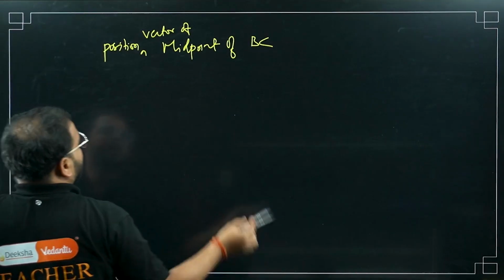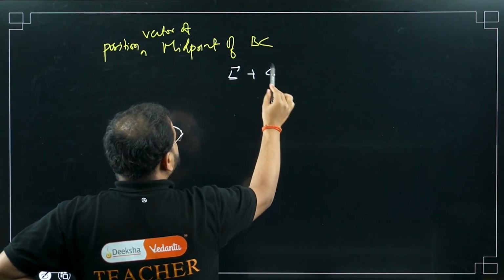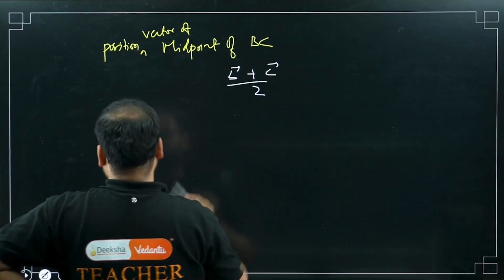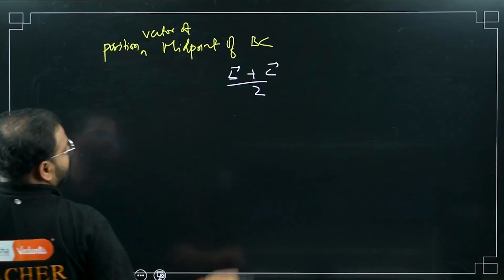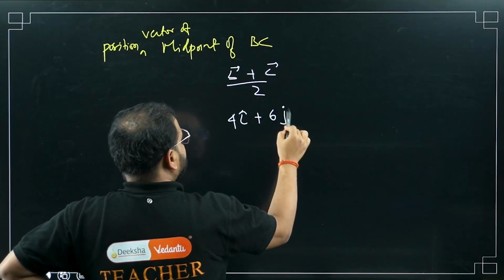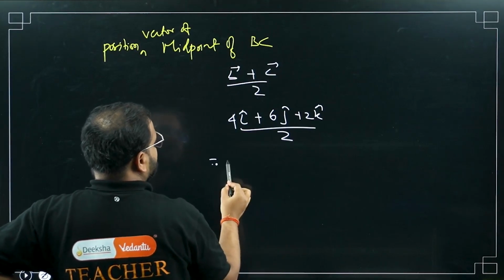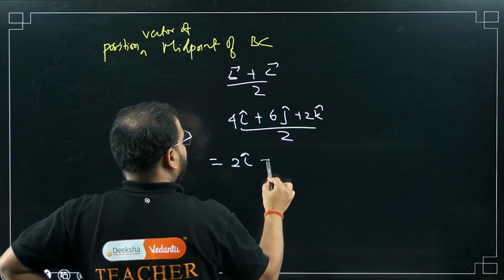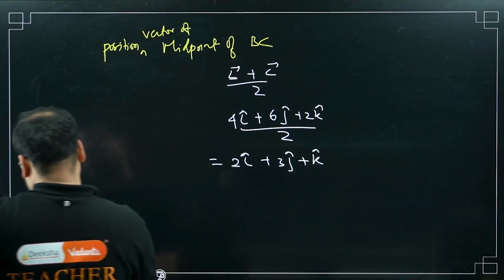B plus C by 2. What is B plus C? 4i plus 6j plus 2k, whole thing upon 2. What's the answer, sir? 2i cap, 3j cap plus k cap.